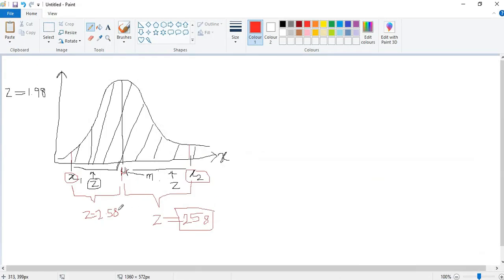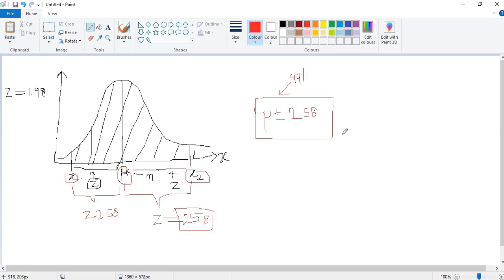So because it is the gap from the mean, that's why they write mean plus or minus 2.58. This is the range for 99% probability, 99% of data. This range is what it represents.